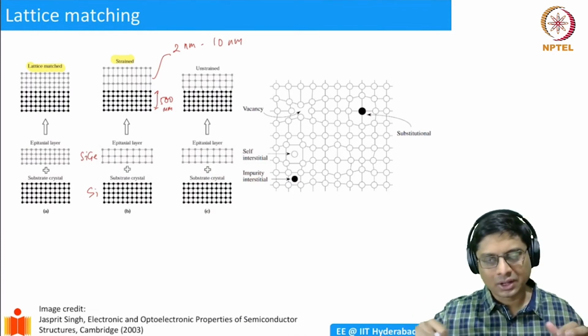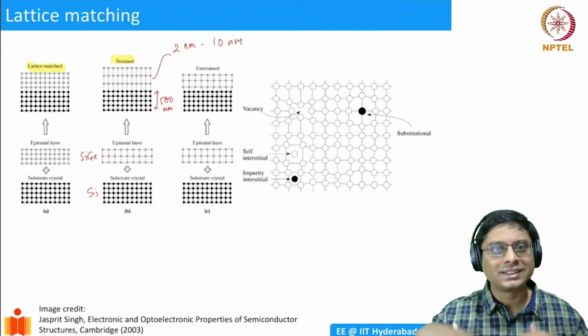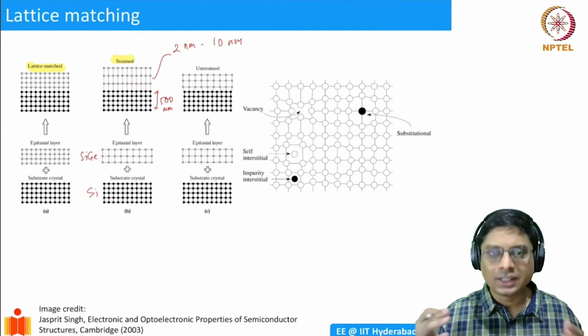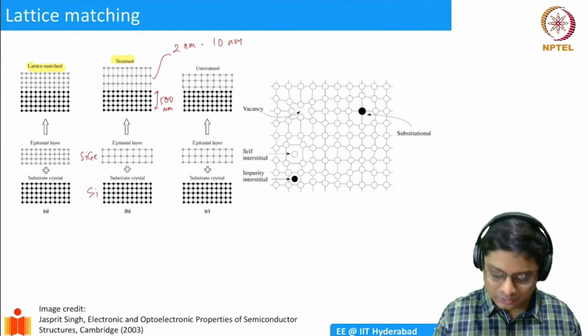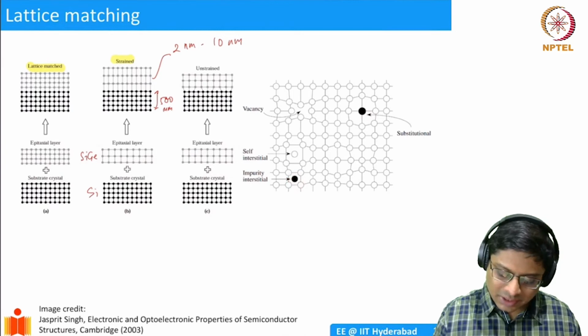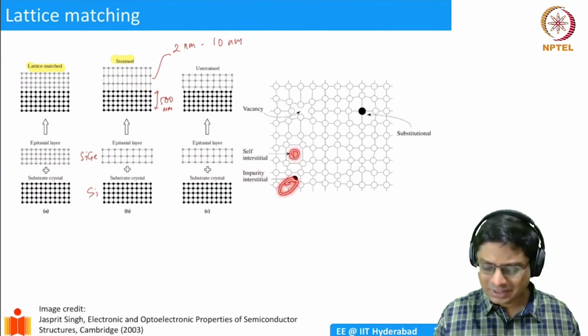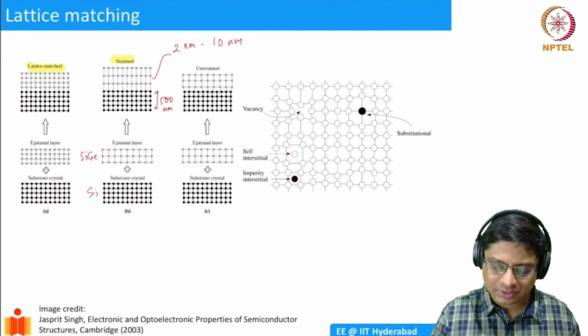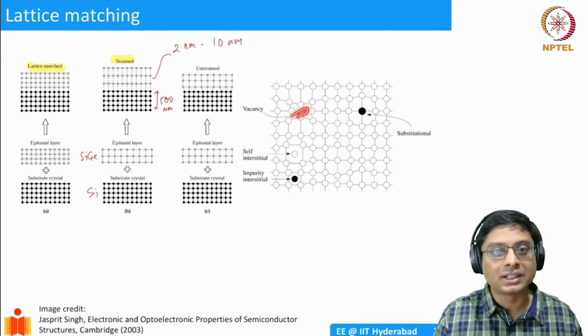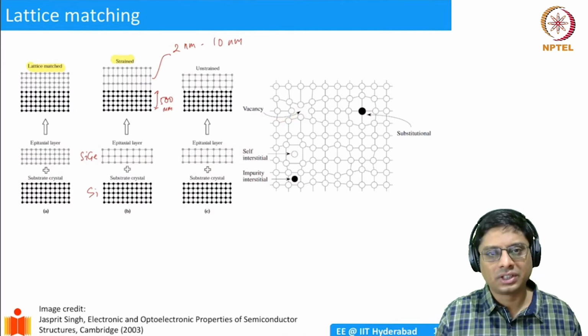If somehow a lattice atom goes and sits somewhere in between, we call it an interstitial impurity. So that can happen, or it can be an alien atom, or it can be the same atom. I mean, it's just a whole lot of combinations. Sometimes there might be a missing atom, so that's called a vacancy.